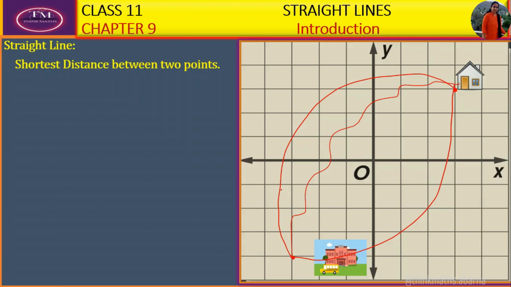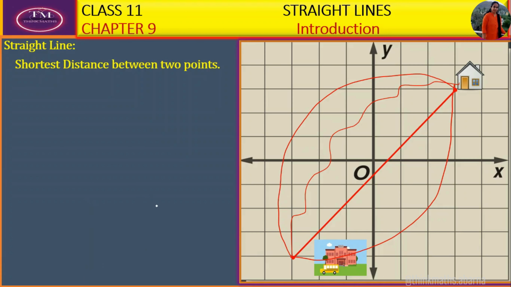Looking funny? Yes. You can also travel in this straight line. If you measure this, this straight line will be the shortest distance between home and school. That's why a straight line is called the shortest distance between 2 points.